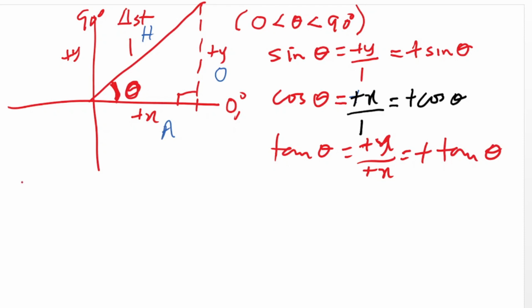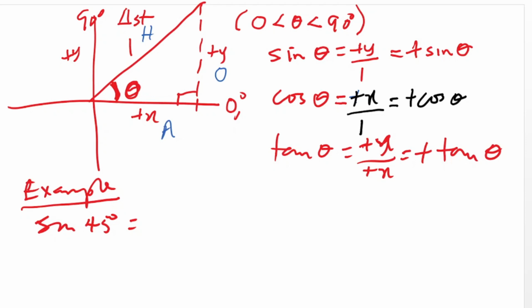Let's give an example. For example, you have sine 45 degrees. This 45 degrees is less than 90 degrees, so it falls under the first quadrant. That means you just check it on your four-figure table, and you can get 45 degrees there.